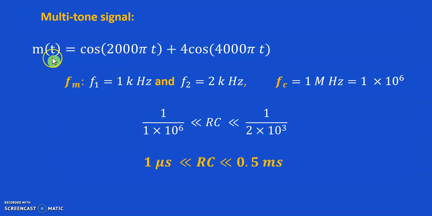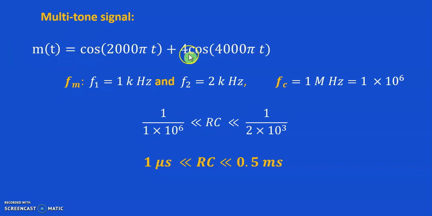So first, let us see the message signal that is going to modulate the amplitude of the carrier signal. The message signal expression is cosine 2000 pi t plus 4 cosine 4000 pi t. If you notice, this signal is not a single tone signal. We call it multi-tone because it has more than one frequency.